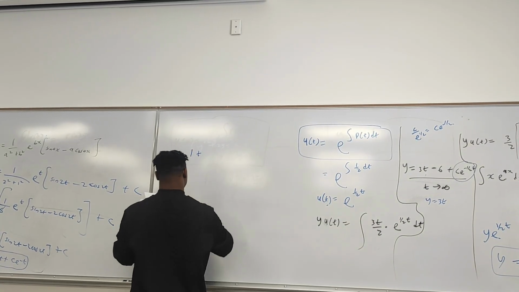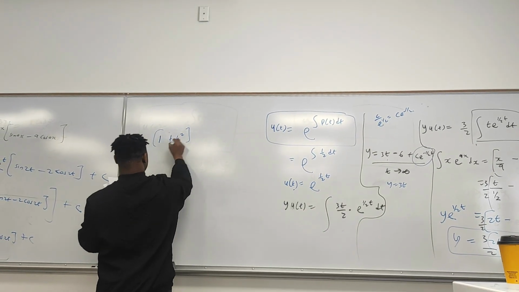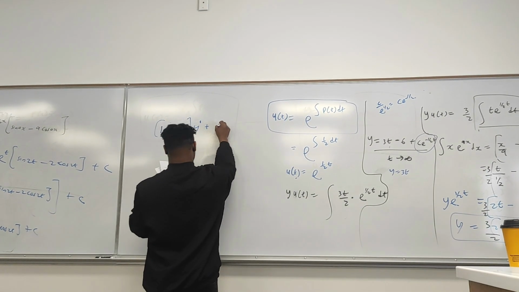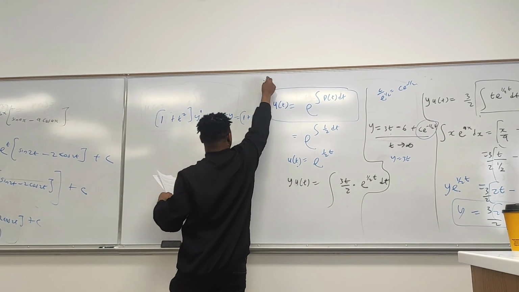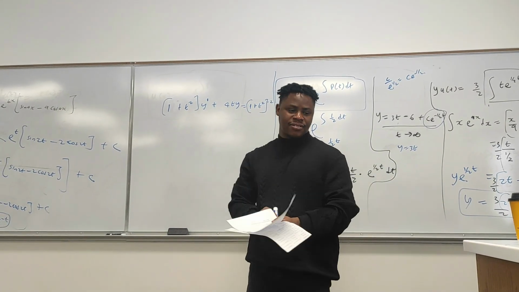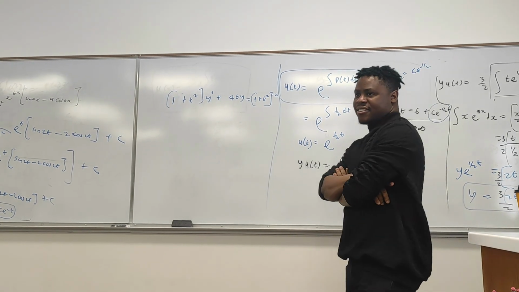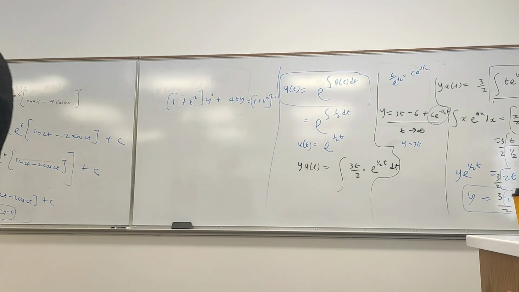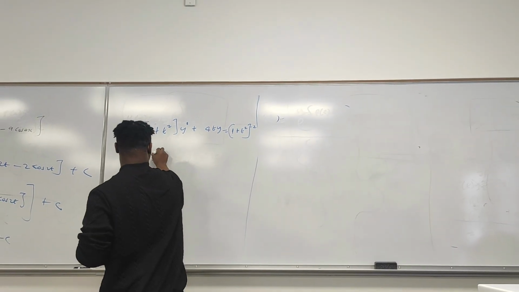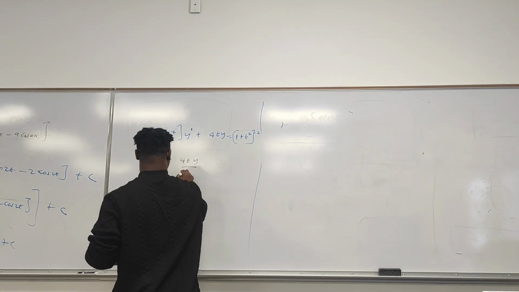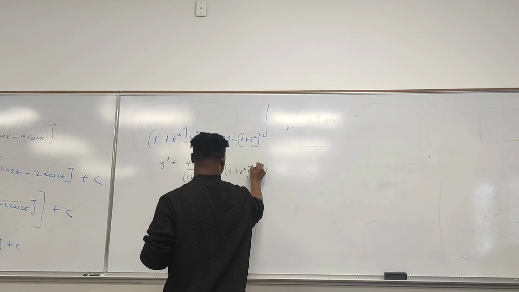1 plus t squared y prime plus 4ty is 1 plus t squared to the negative 2. We can have our y prime plus 4ty over 1 plus t squared is 1 plus t squared to the negative 3.